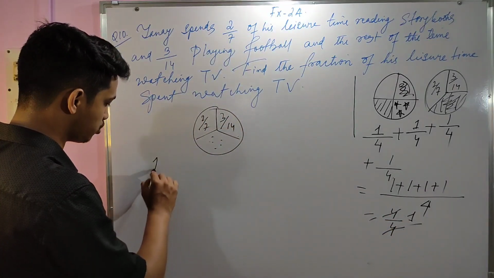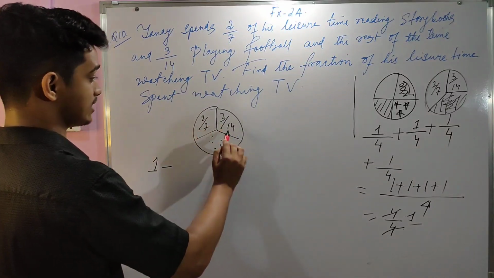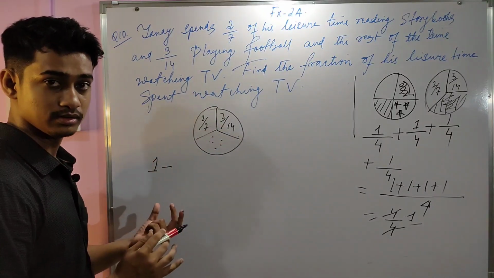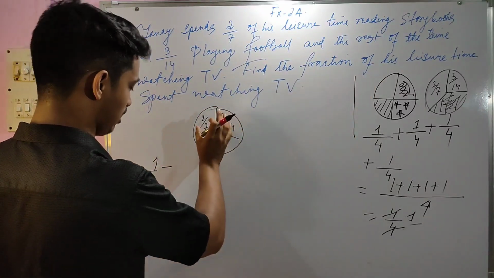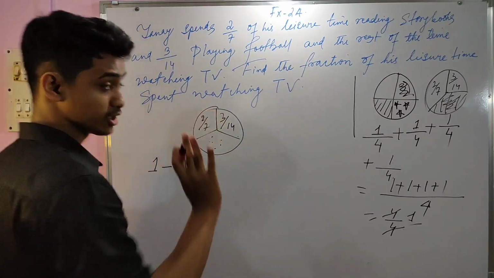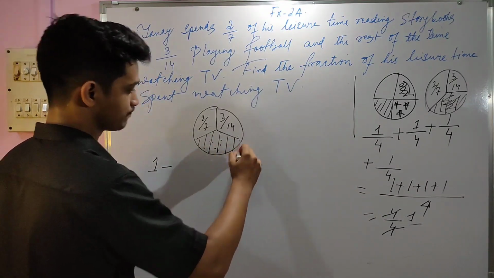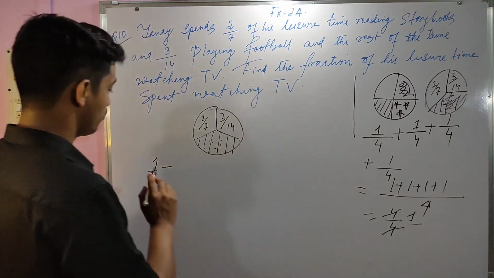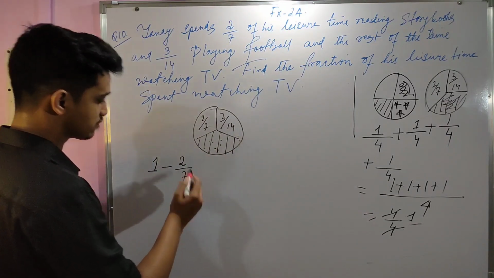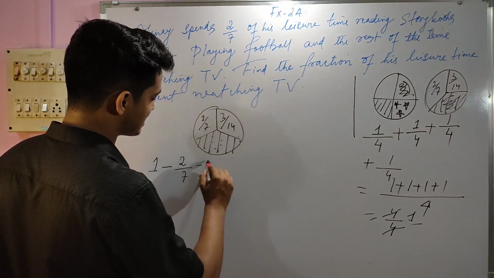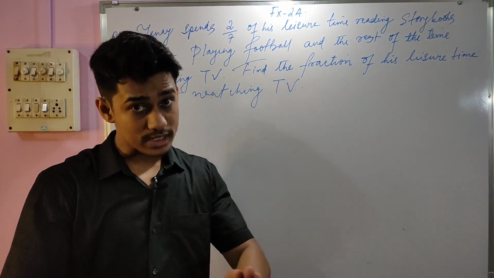If I subtract these two quantities from 1, what will remain? This portion only. So we just subtract these two fractions from 1 and we can easily find the answer. I think the concept is clear.